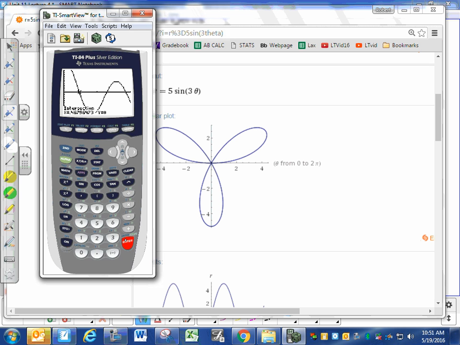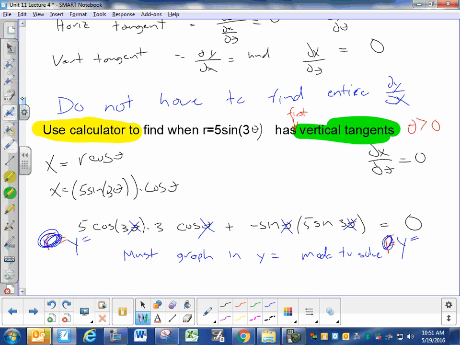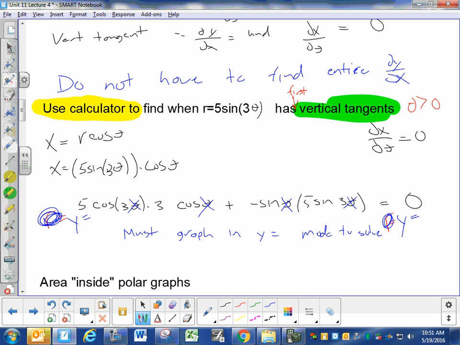And you get 0.467964773. So x equals, which is the same as θ equaling 0.467964773. Confirm that's correct by graphing 5 sin 3θ back in polar mode and then looking at the point when θ is equal to that.